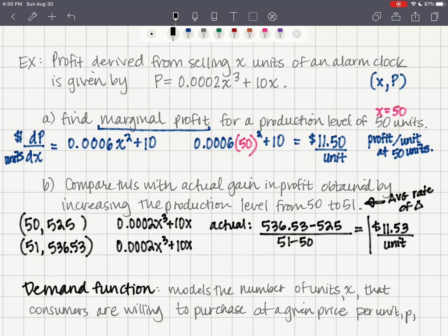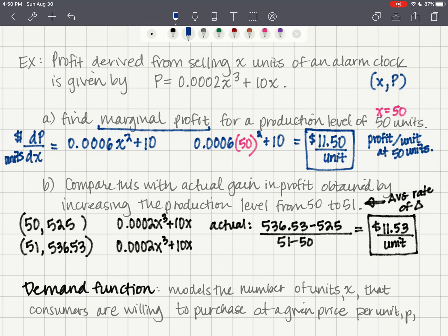And that's because when you're going from 50 to 51, we've got that discrete graph and not the continuous graph. So this is your marginal profit, $11.50 per unit, and the actual profit to go from 50 to 51 would be $11.53 per unit.